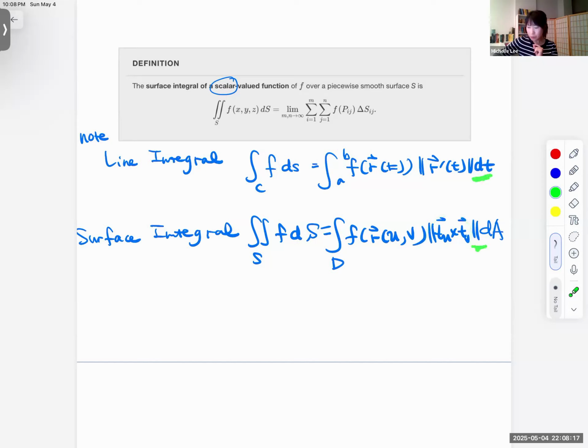Instead of dt, we are using width times height. We did that earlier.